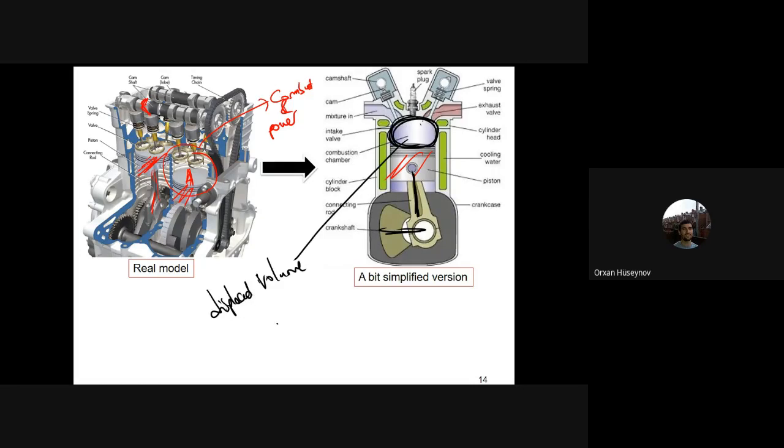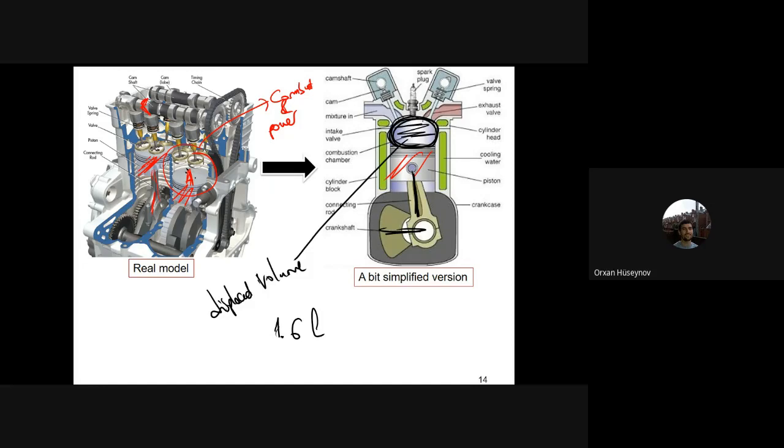For example, if you say that my car has a volume of 1.6 liters, it means this part. If there are two cylinders, you sum them, for example 0.8 plus 0.8, and 1.6 liters is the engine volume of your car.